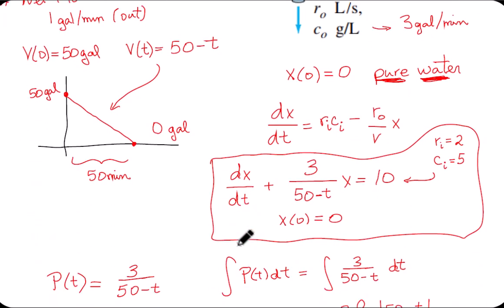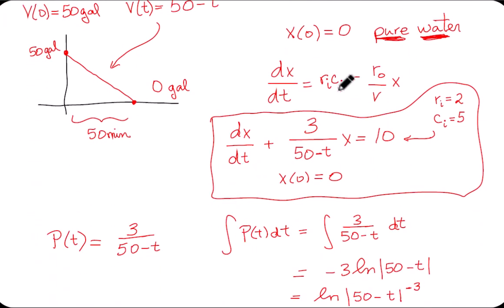All right, so back to my basic model for this. I've got the rate of the input, concentration of the input, minus the rate of the output. And what is this V on the bottom with the x here? Well, x over V is the concentration coming out.